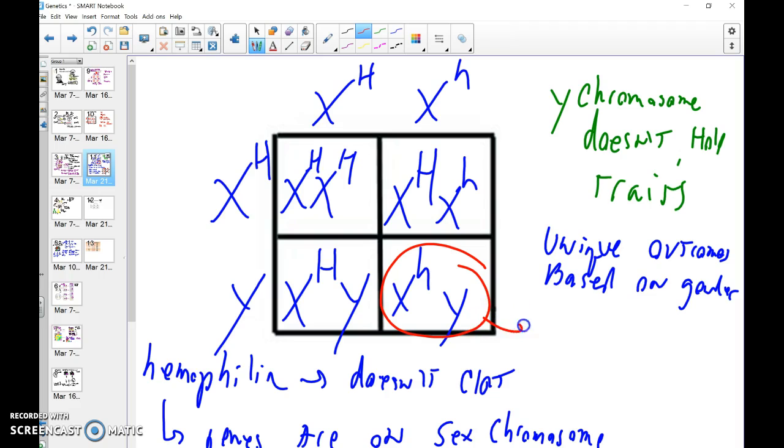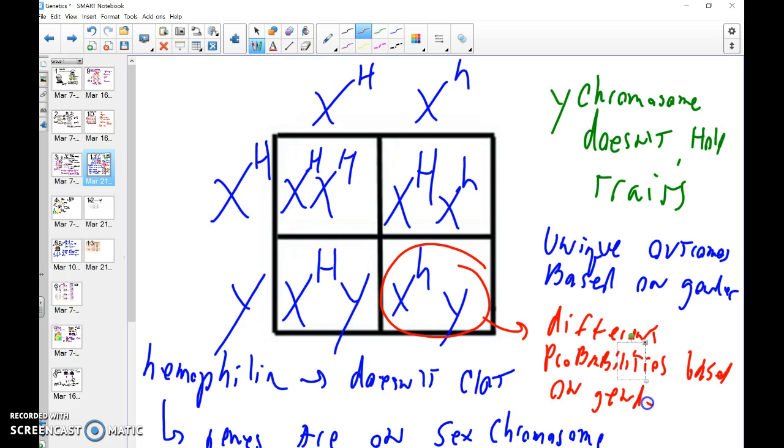And so what this means is that you get different probabilities based on gender. Okay? And that's the real key when it comes to sex-linked traits.